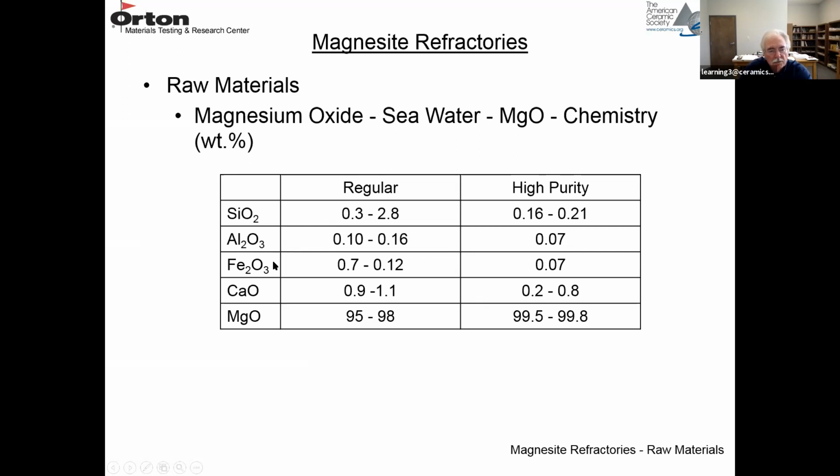SiO2, Al2O3, Fe2O3, and CaO are the impurities, and they're just the balance. So in the high purity material, these concentrations are quite low. So both grades of seawater MgO are quite pure.